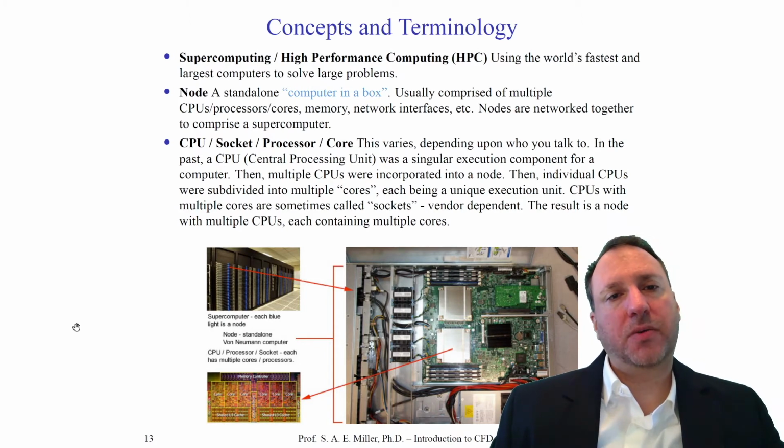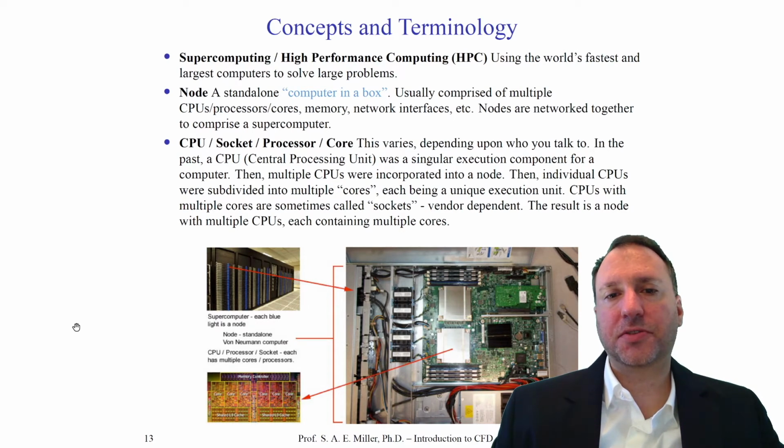We've already talked about what a node is. It's essentially a standalone computer in a particular box. It contains all its own power supplies, CPUs, graphics processor units if needed. They're not needed on a cluster, and of course, memory. It can run on its own, or it can run with other nodes. It's up to the user to select how many nodes the computer should work with.